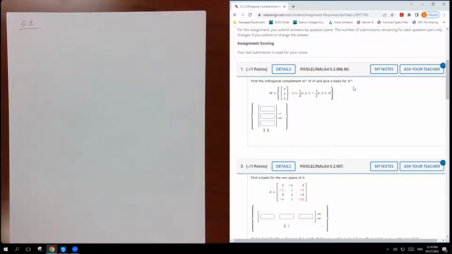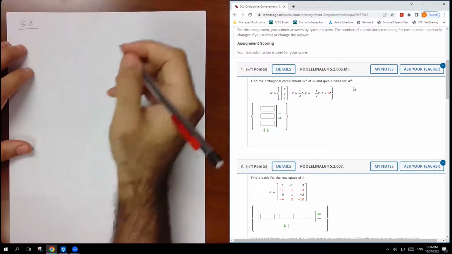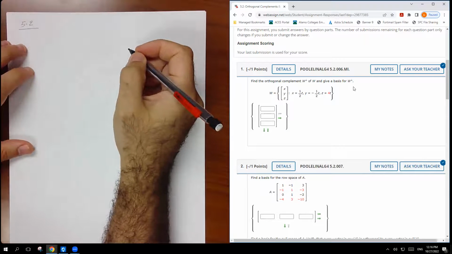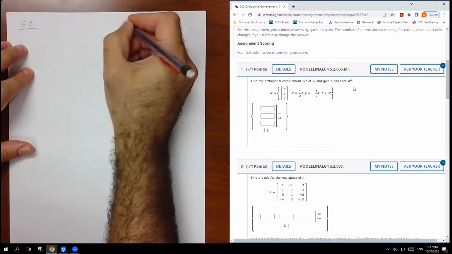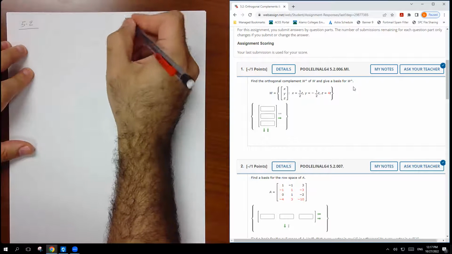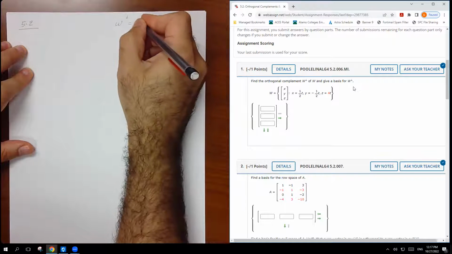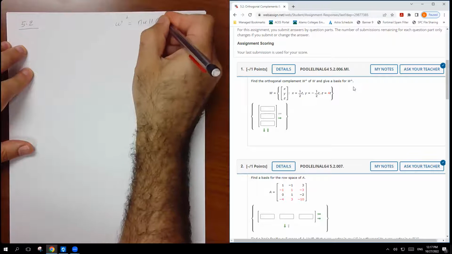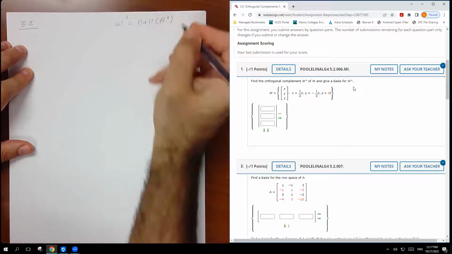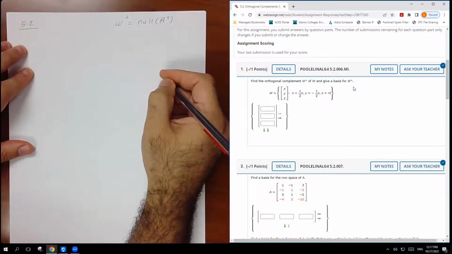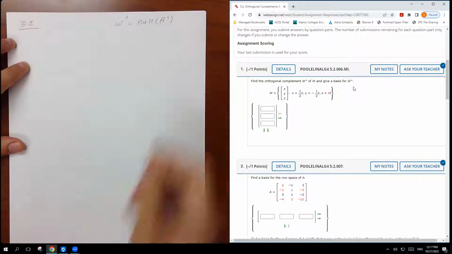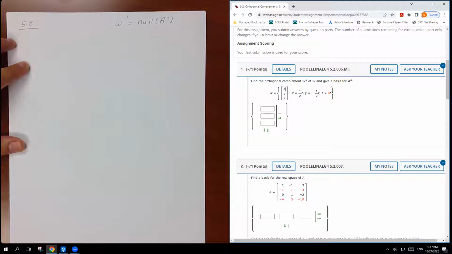There is a rule that says, if you check the slides, to find the W complement is going to be the null space of A transpose. Now, we already have W equal XYZ.